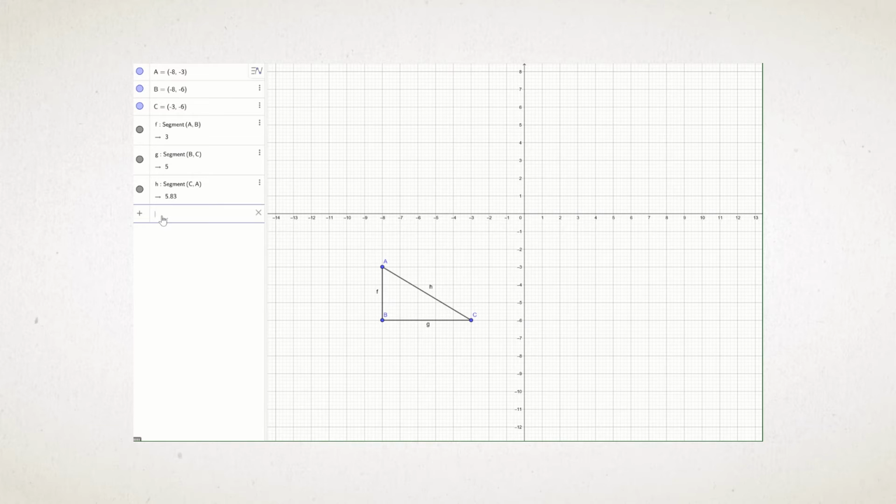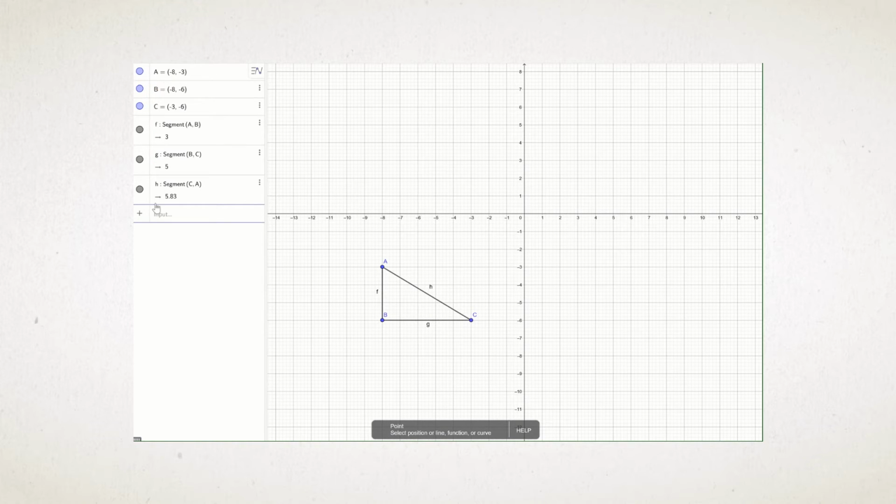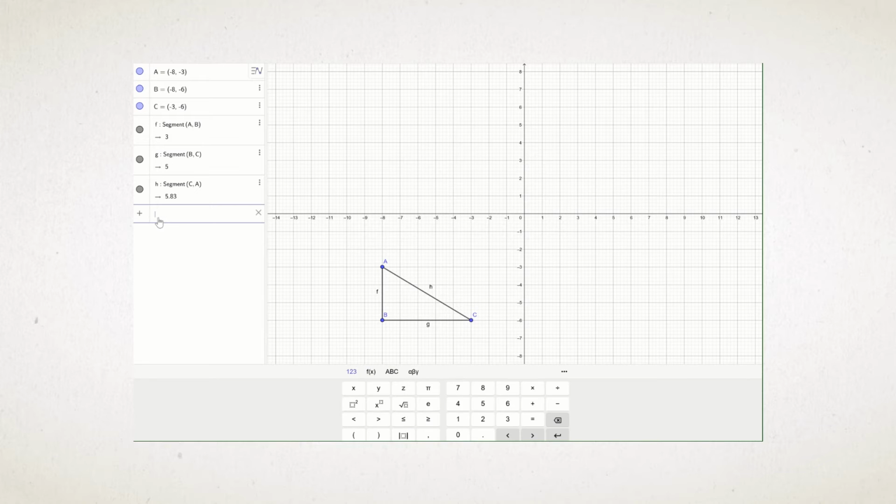So I'm going to choose a point, and I'm going to call the inverse of the first point D. Let's say I used ABC for the original, and I'm going to use DEF. So D equals, well, the inverse then is (-3, -8). All right, there's that point.